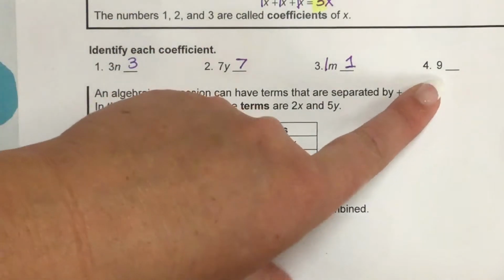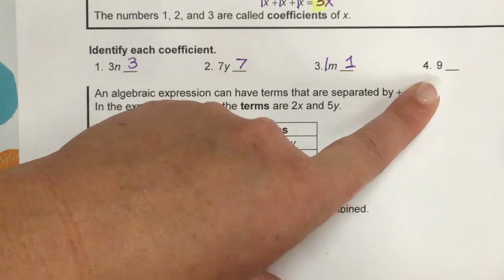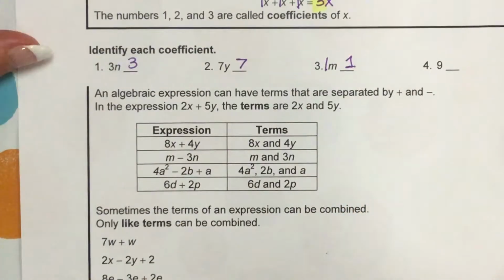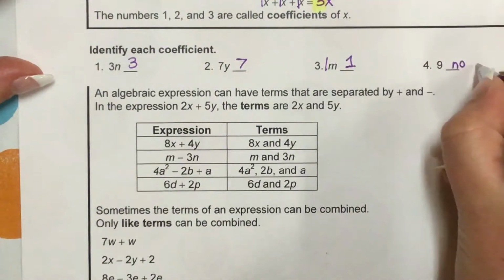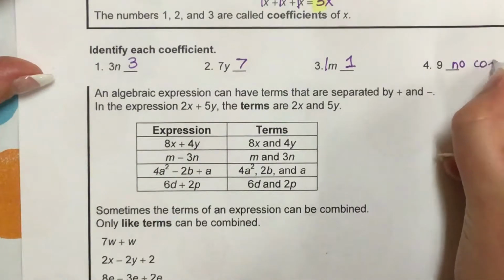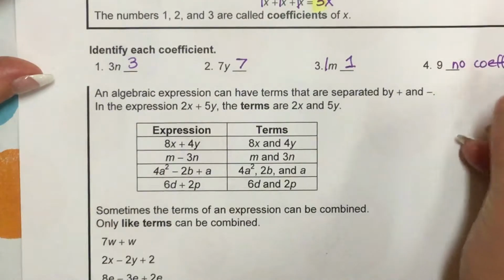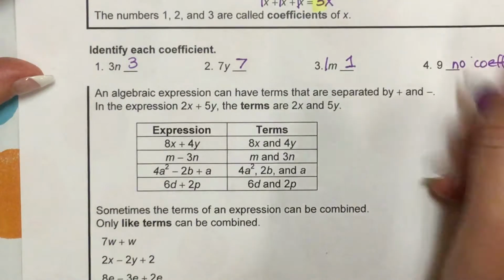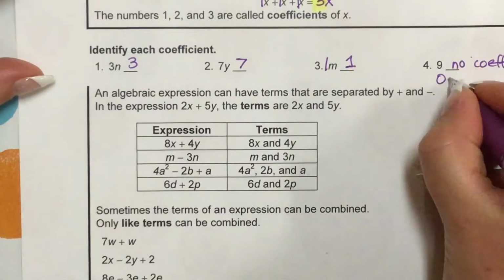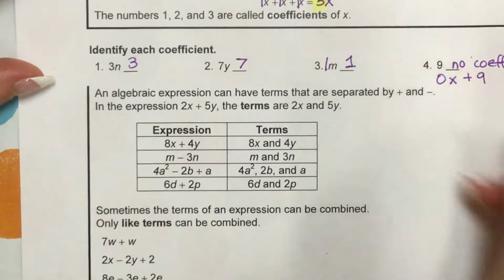And how about 9? Well, with 9, this is a tricky one. There is no variable. So there is no coefficient because we don't have a variable. So it would be no coefficient. But really, if we did make this an expression, it would be 0x plus 9.